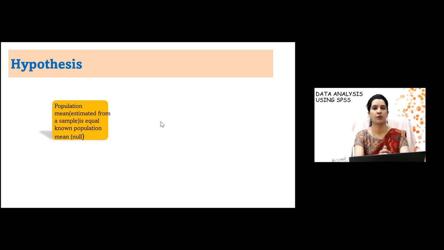So now we'll learn a little about the hypothesis. So we always form a null hypothesis and an alternative hypothesis. In this case, the null hypothesis will be that the population mean is equal to the known population mean. Here the population mean is not known; in fact, it is estimated from the sample mean.